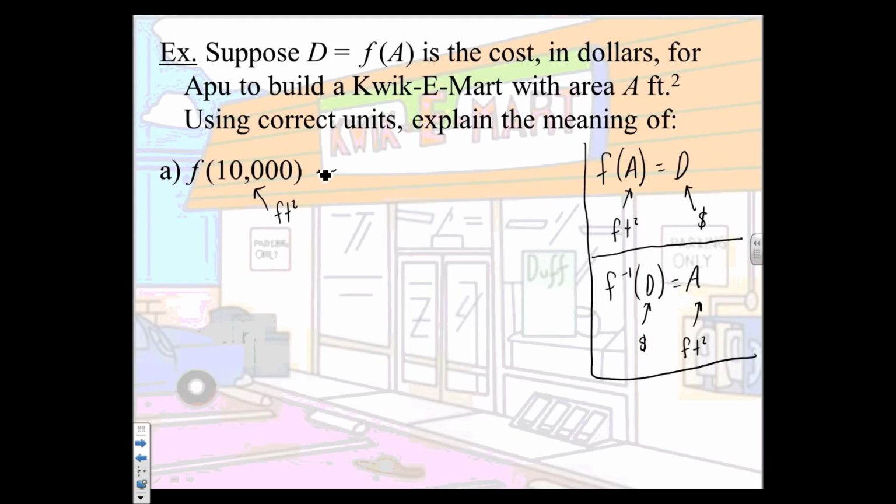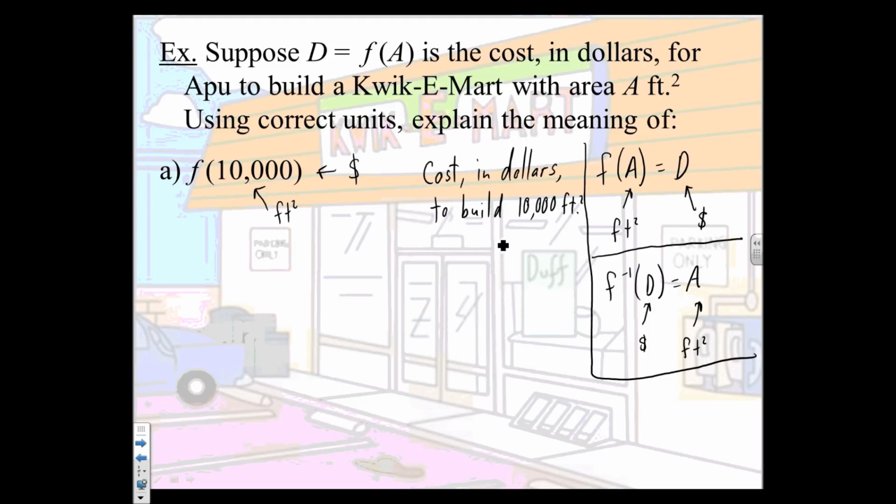And the result, the function itself, is equal to D. The function itself is equal to dollars. So F of 10,000 would be a dollar amount. F of 10,000 would be the cost in dollars. Notice I'm mentioning my units to build 10,000 square feet.